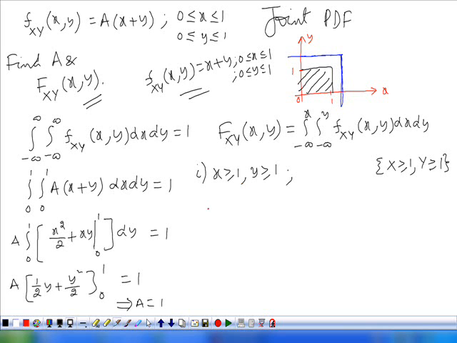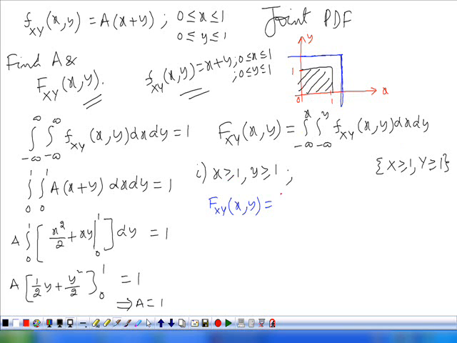If you consider x greater than 1 and y greater than 1, what is f_XY(x, y)? 0. Is it 0? See, it is not 0 because we are including x equivalent to 1 and y equivalent to 1 also, and greater than those values. So this region indicates x greater than 1 and y greater than 1, but here we are also considering x equivalent to 1, y equivalent to 1. If you consider the joint event, then again we will get this entire region.